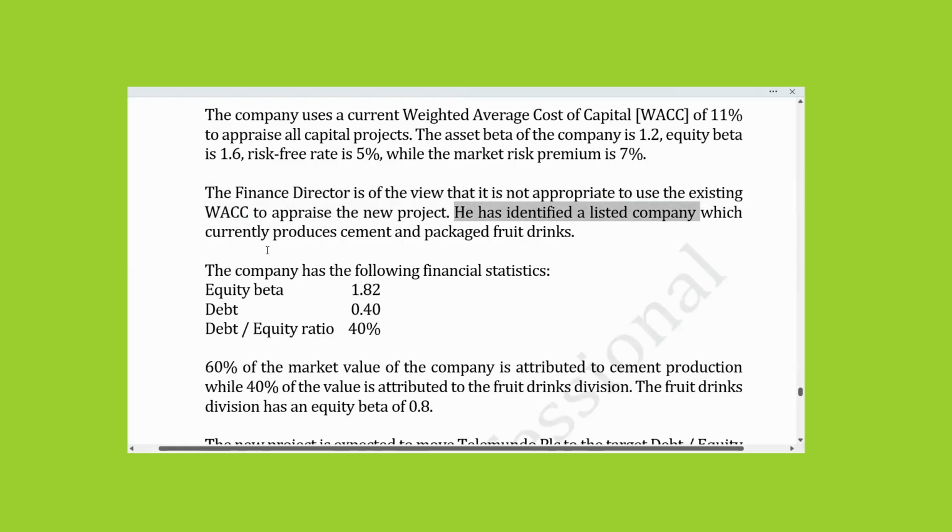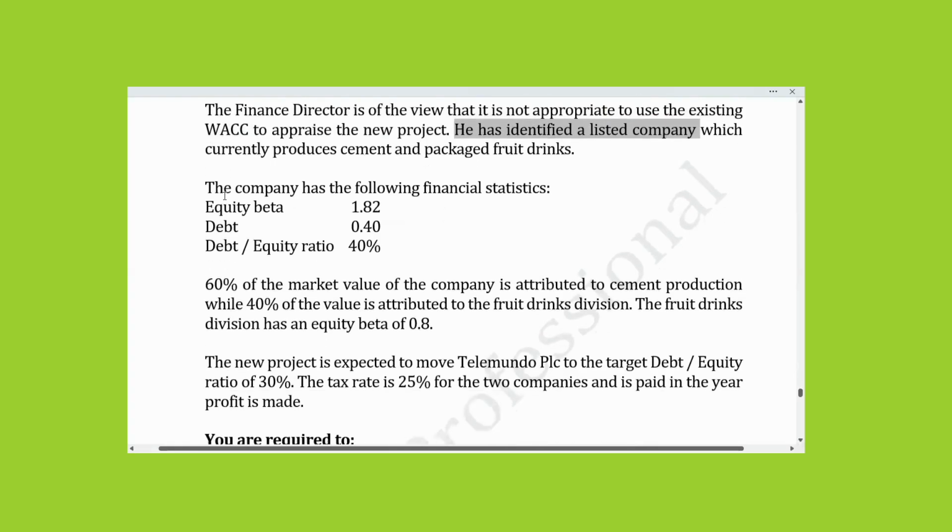That must be a proxy company. The company has the following financial statistics: equity beta 1.82, debt beta 0.40, debt to equity ratio 40%. So this debt must be debt beta. All right, that's debt beta.